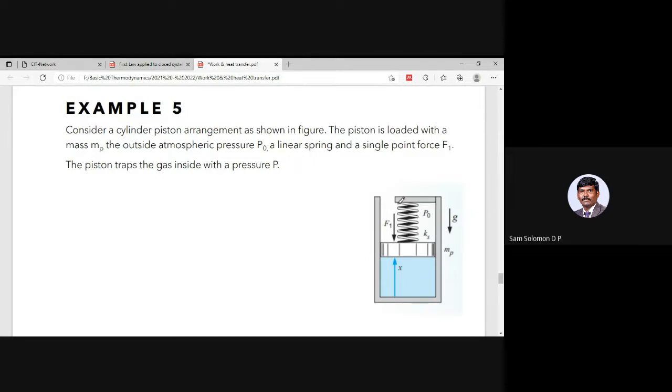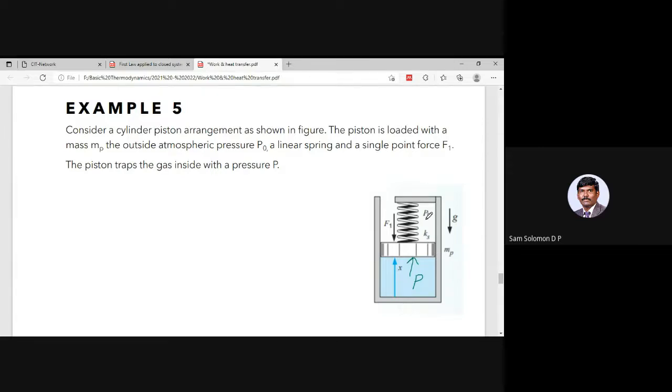A linear spring, and a single point force F1, that is also acting over the piston. The piston traps the gas inside with a pressure P. So here, if you look at this piston, from the inside there is a pressure which is acting, and that is pressure P.